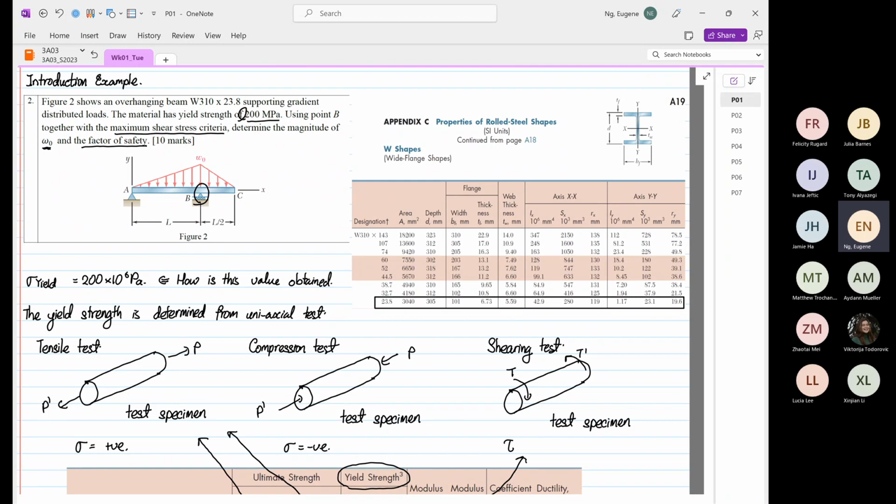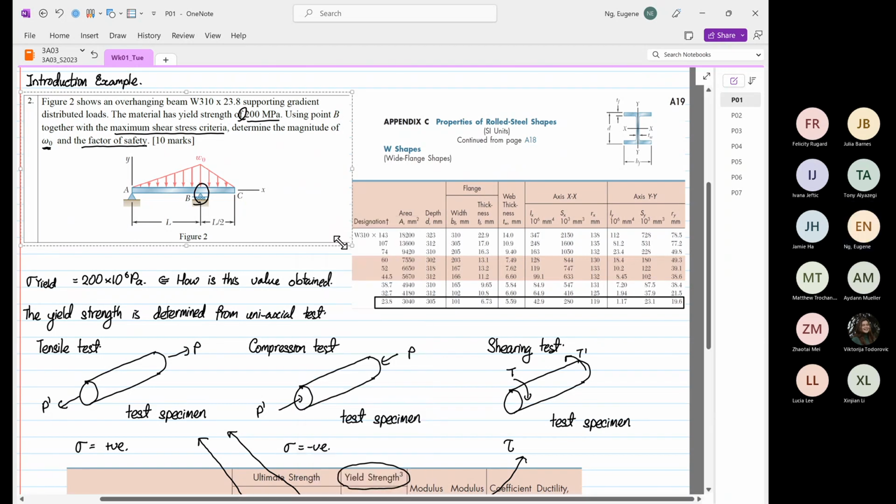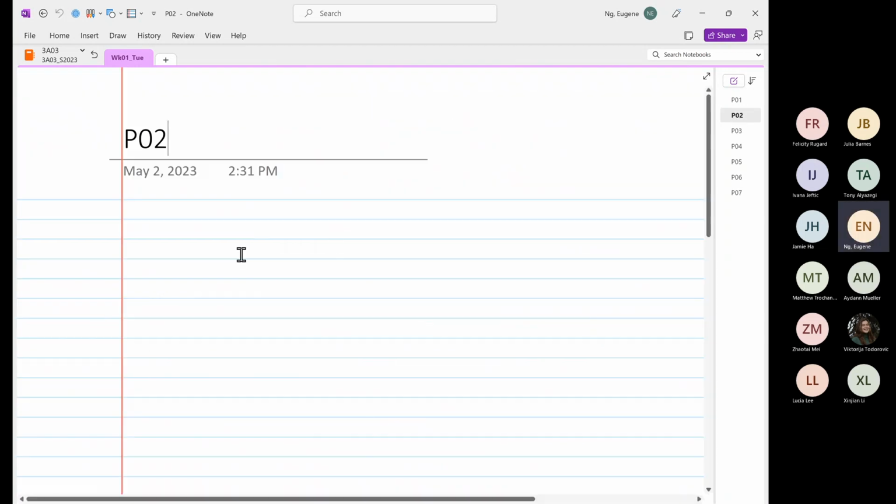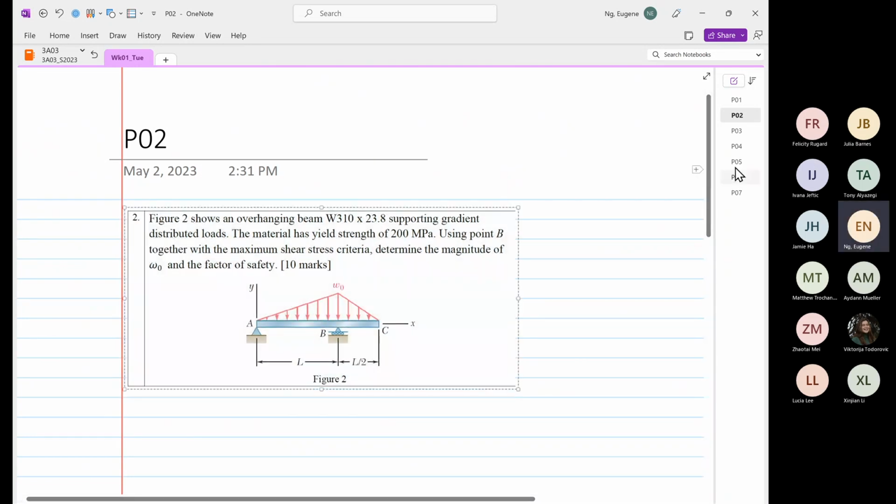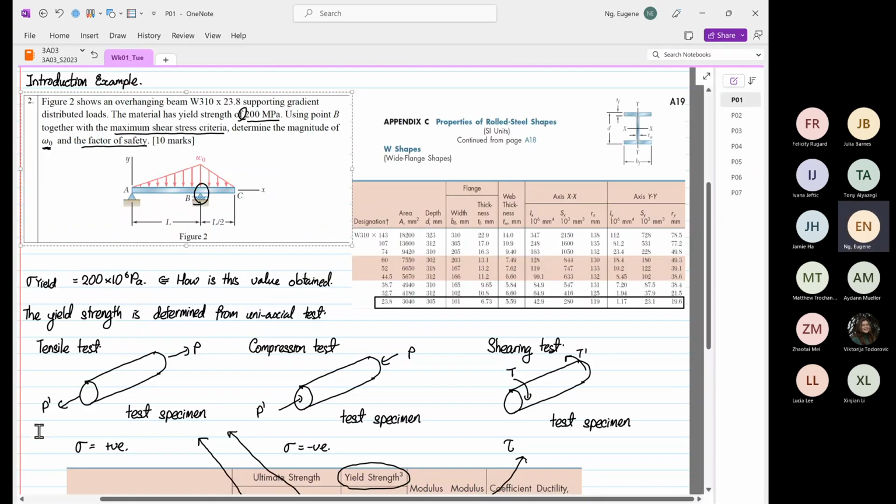So from here, now our dilemma is what? If we look at our diagram over here, I'm going to copy, go to the next page, paste, and then look at this diagram.